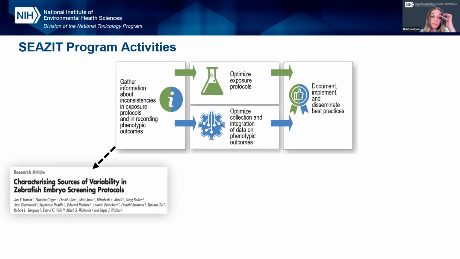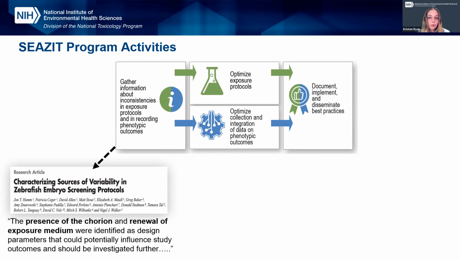And knowing that it might be almost impossible for each lab to walk away from that and use identical experimental designs and protocols, we focused our attention on two parameters which were deemed likely to influence chemical potency in this assay. One was the presence of the chorion.